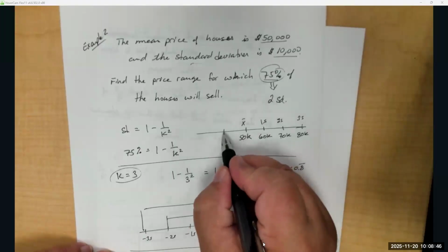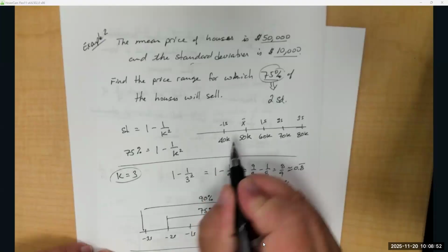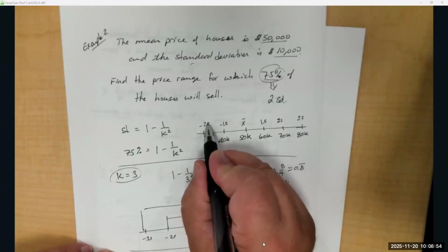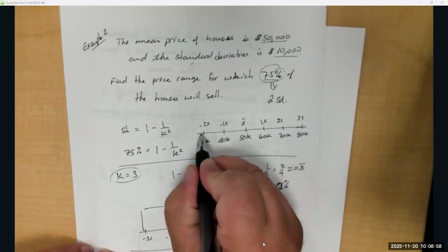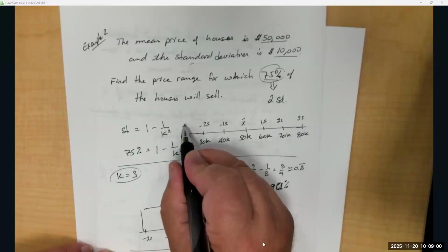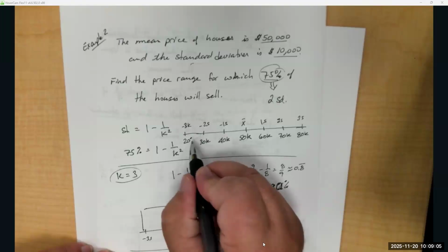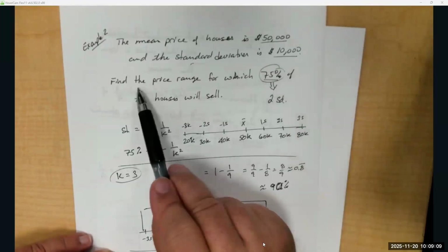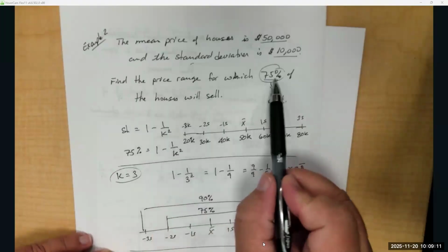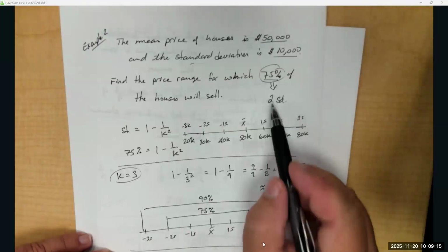Now going to the left. So this one would be 40, very good. The next one would be -2 standard deviations, and then this one would be -3 standard deviations. So the question is asking, what price range falls within 75% of the houses being sold? 75% we know is 2 standard deviations.